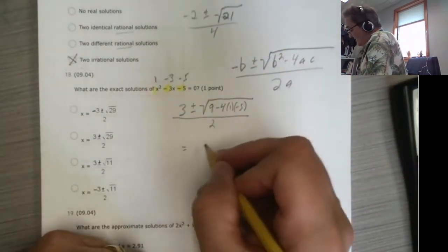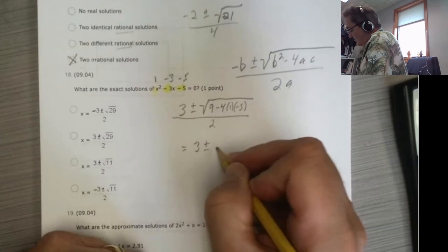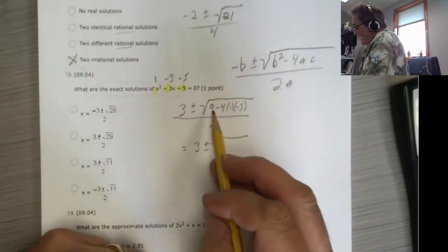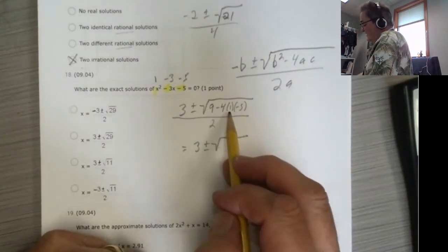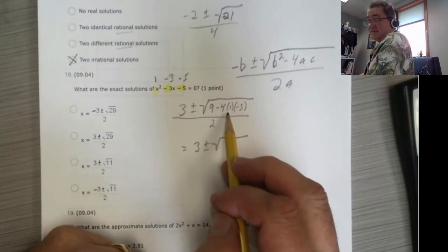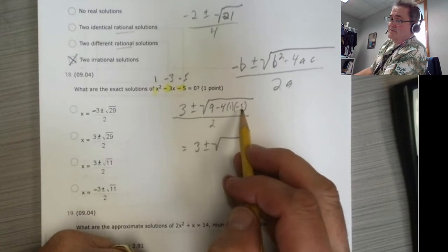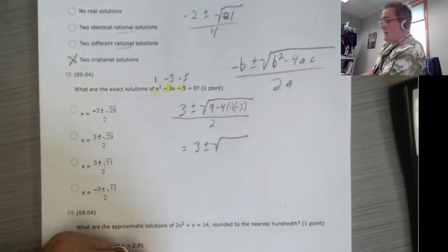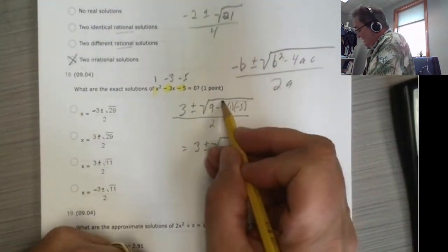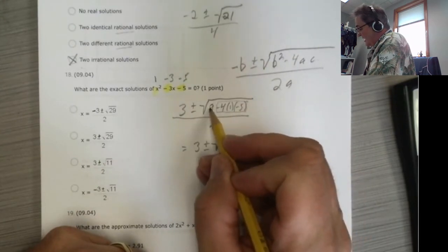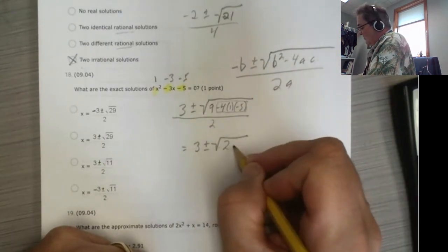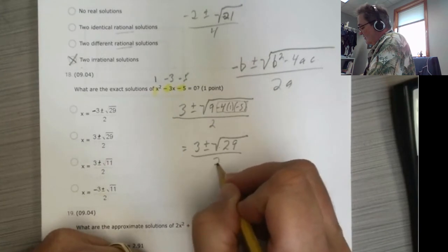Okay, so now that equals 3 plus or minus the square root of 9, minus 4 times 1 is just -4, right? And so minus 4 times -5. So -4 times -5 is a positive, so this is a positive 20. So 9 plus 20 would be 29, over 2.